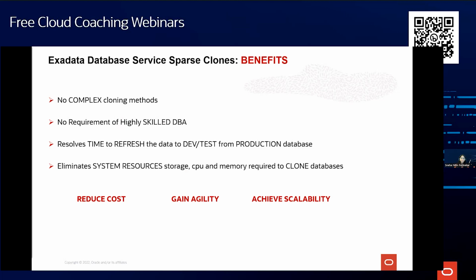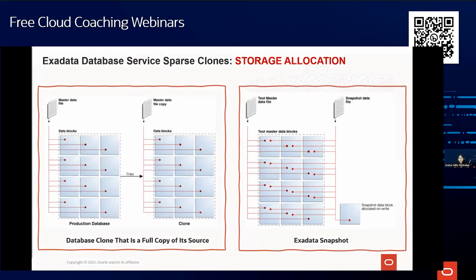Stay with me. Okay, so before I get going and showing you how to create it, let me just show you how the storage allocation works, because this is the main crux of how you would be reducing your cost, and how you can efficiently create more sparse clones and achieve scalability. As shown in your extreme left, with a full copy of your database clone, you're doing a copy of your blocks to your blocks.